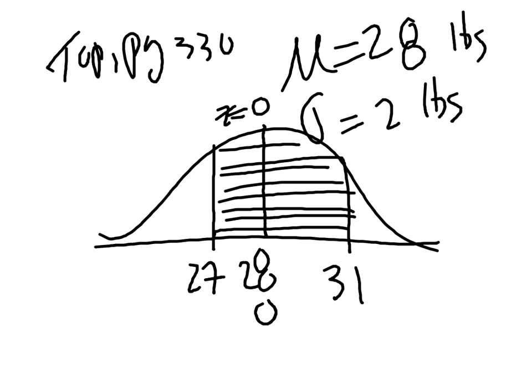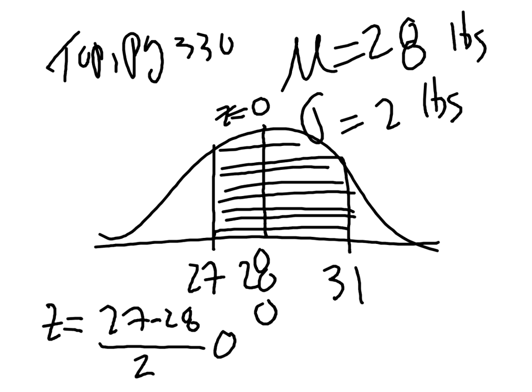Before we can go to the tables and apply what we learned in 6.1, we've got to find the Z value associated with 27 pounds and 31 pounds. But that should not be difficult, since we know that the mean is 28. So the first one, we'll do the negative one first. 27 minus 28 over our standard deviation of 2. And that's going to equal minus a half, or minus 0.5.